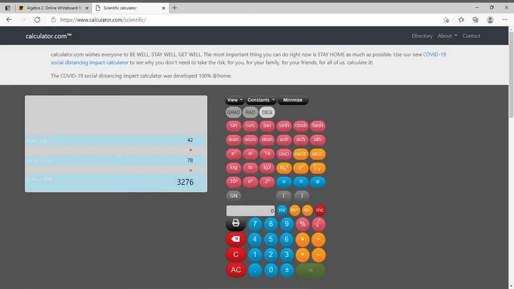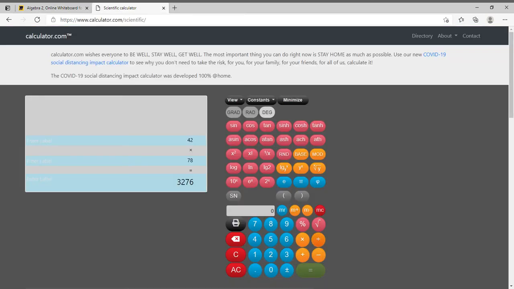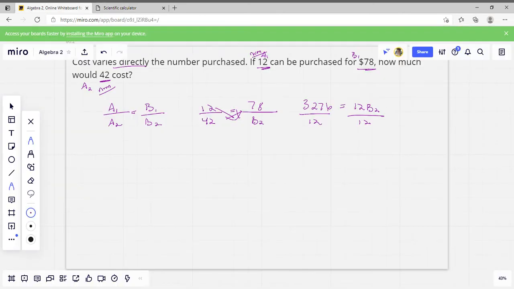Let's just work this out and see. 3,276 equals 12 times B2. Divided by 12, we get 273, and that is the answer. So that's how you work that one.